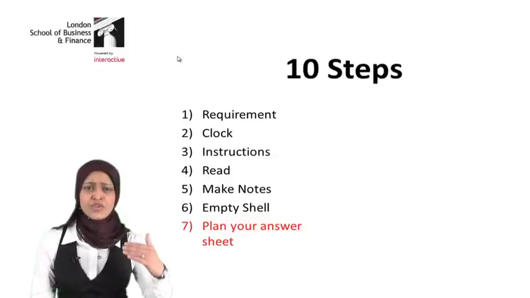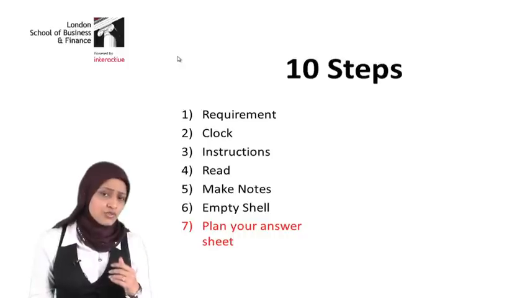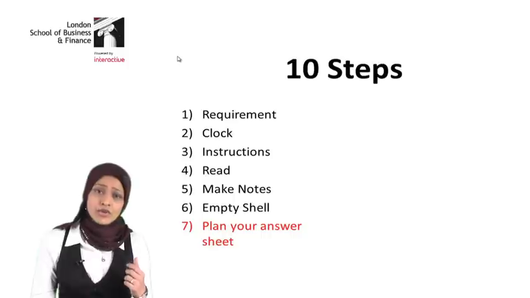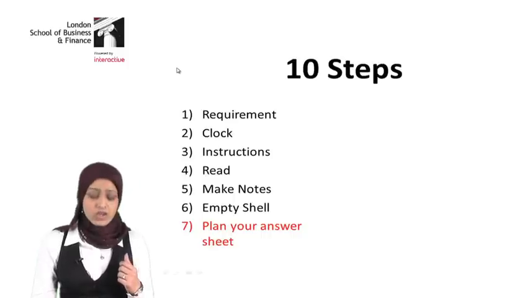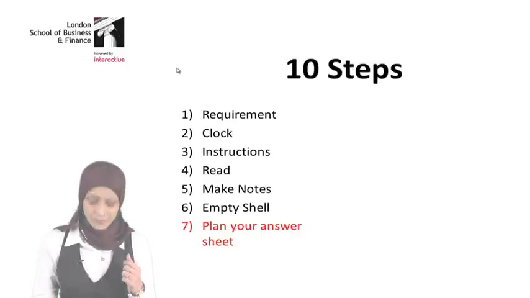You've already told yourself you need the income tax computation. You've already reminded yourself of the format. Now you're taking the first step of setting down a plan as to how you're going to go about doing this. So I'd like to talk you through how we're going to plan our answer.